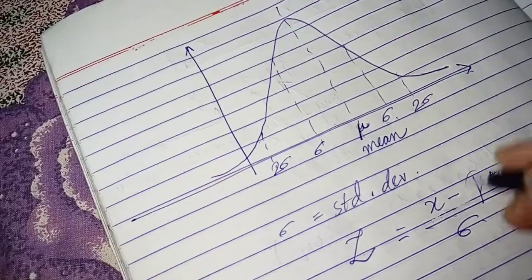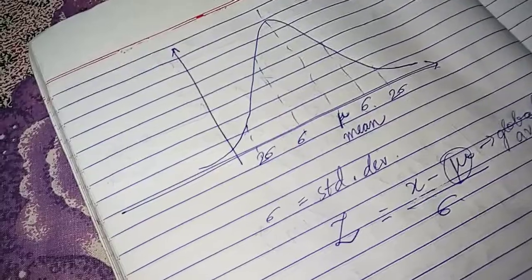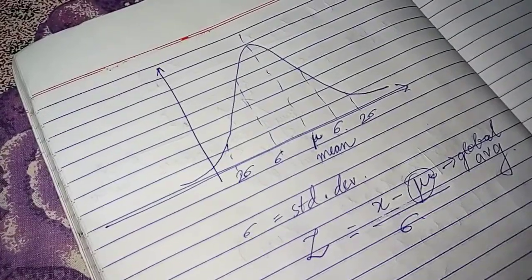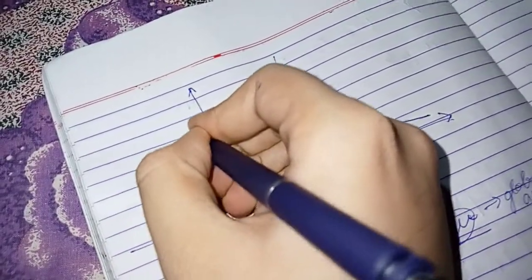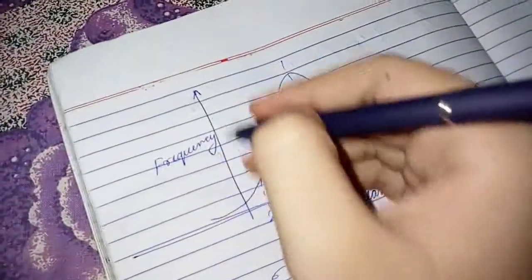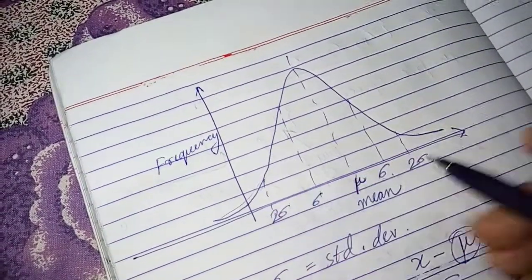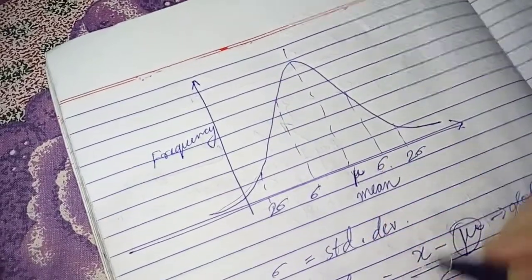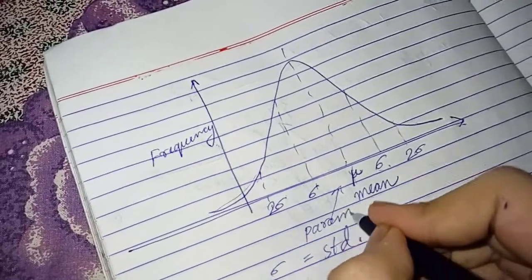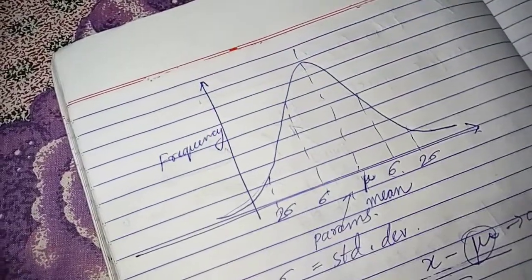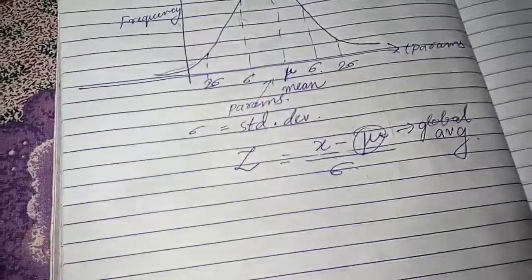Here mu is the global average, and this is your frequency, and this is the value of your parameters. So all params.